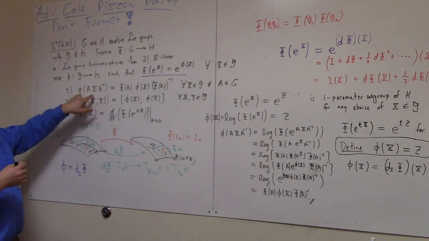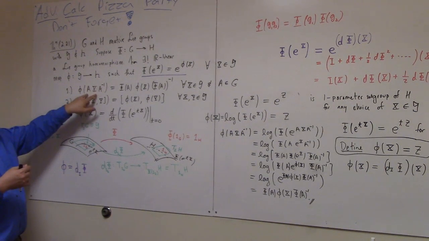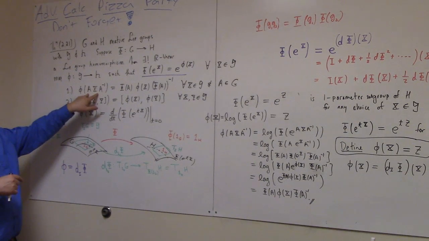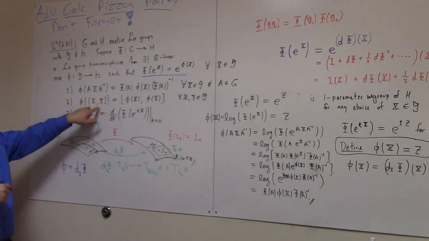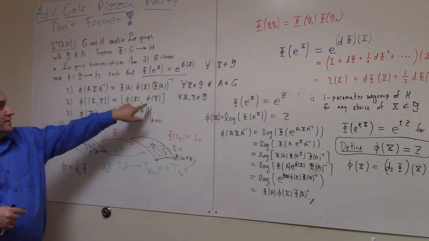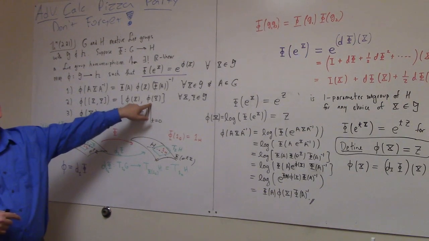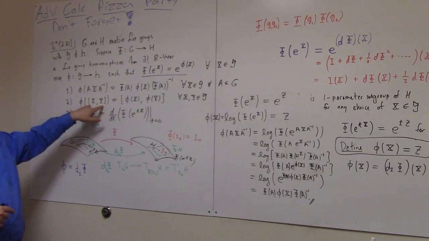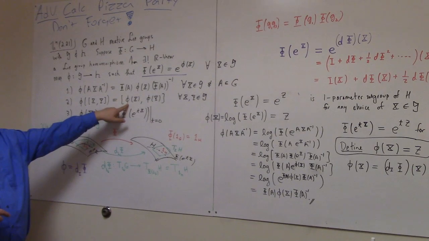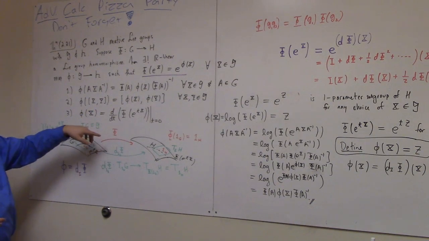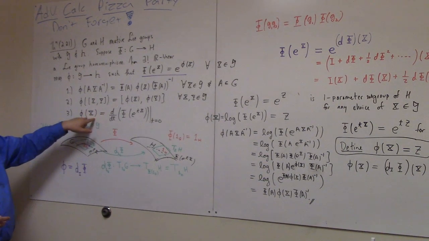And what this says is that there's a natural preservation of the group action under this homomorphism and the corresponding Lie algebra homomorphism. By the way, it also says that the bracket in G is preserved to the corresponding bracket in H. This is precisely the statement that little phi is a Lie algebra homomorphism, because it's a linear transformation which preserves Lie brackets, preserving the structure of Lie algebras.